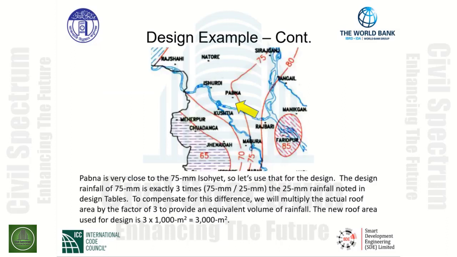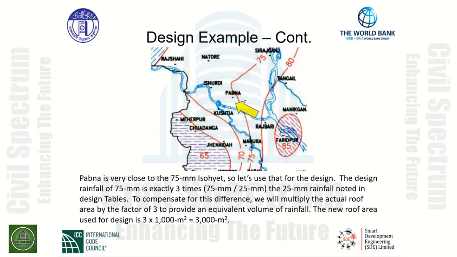As we view the map and locate Pabna, indicated with the arrow, Pabna is very close to the 75 millimeter isohyet. So let's use that for the design. We will use a conservative value of 75 millimeters in our design. The design rainfall of 75 millimeters is exactly 3 times the 25 millimeter rainfall noted in the design tables.